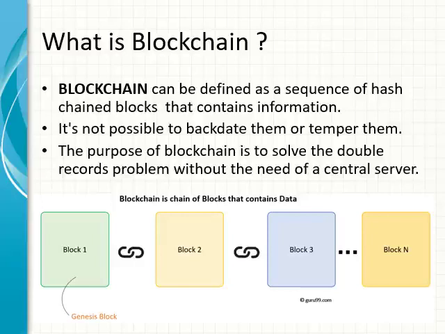If we try to change the data in the block, then the hash will also change, and that block will become invalid, and that block needs to be validated by the other nodes also. And if those nodes don't validate the block, then that blockchain will become invalid. So it is difficult to change the blocks in the blockchain.